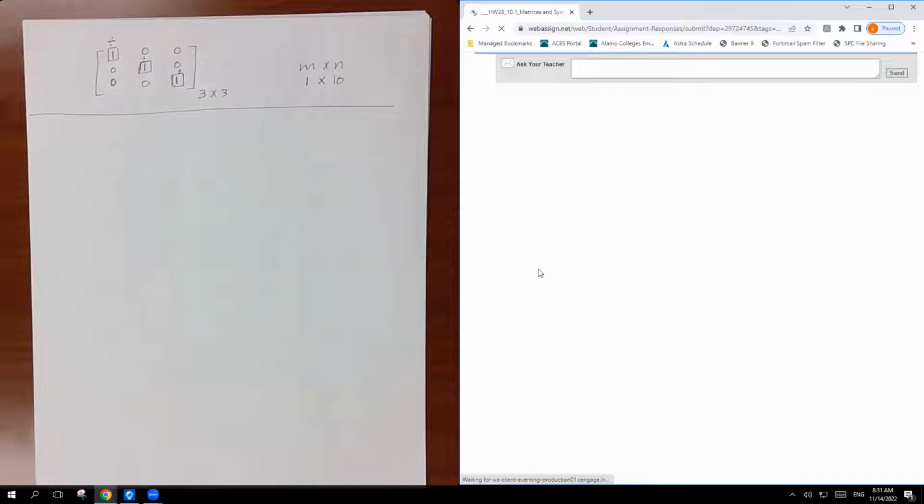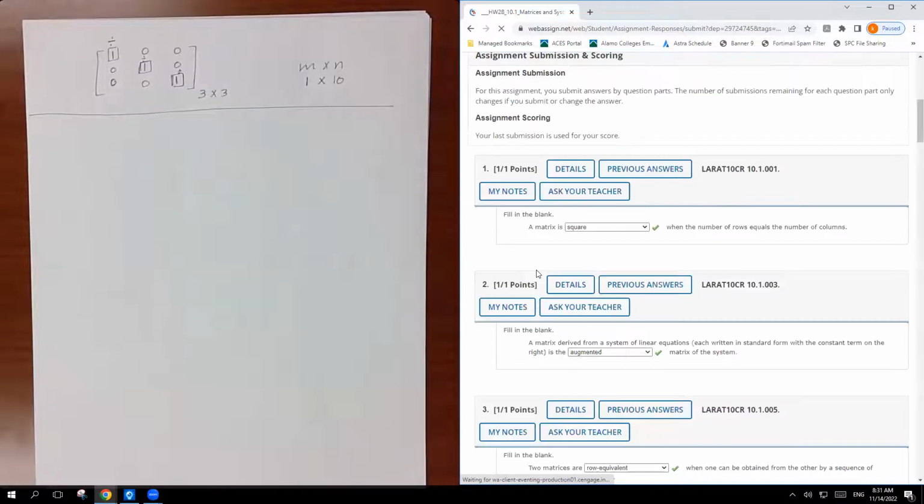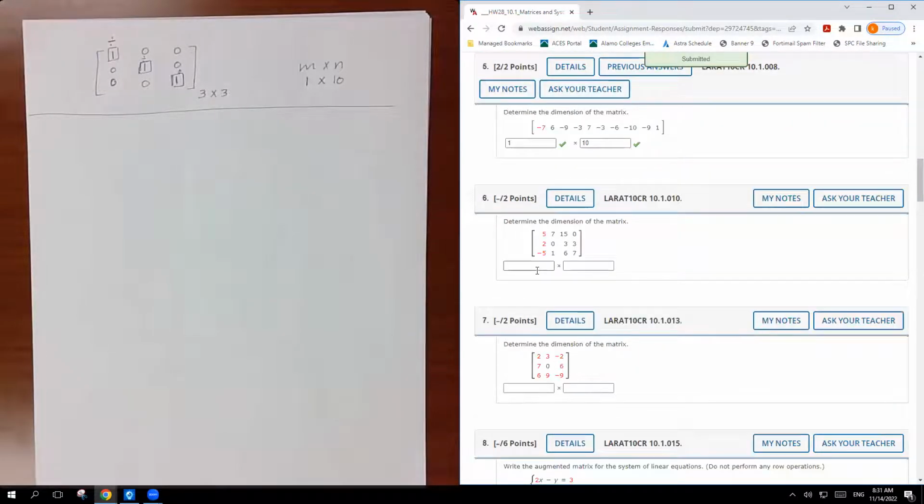Let's check example 6. Determine the dimension of the matrix. We have how many rows? We have 1, 2, 3. So we're going to write here 3 rows. How many columns? 1, 2, 3, 4. 4 columns.